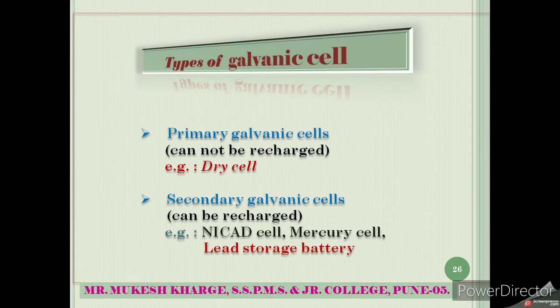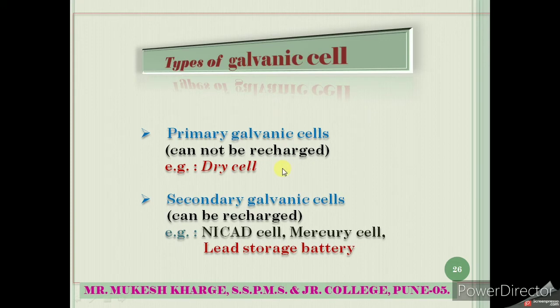Then next is the types of galvanic cell. So there are two types of galvanic cell. First one is primary galvanic cell, whose potential is known but they cannot be recharged.